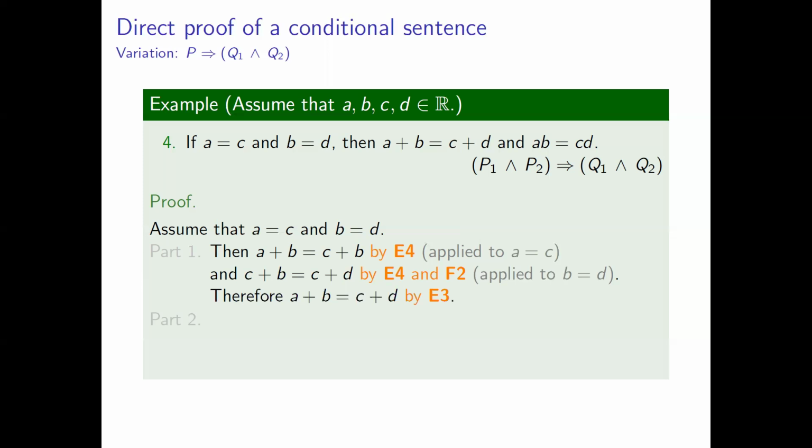For the second part of the proof, we do not need to state again the hypothesis that A equals C and B equals D. By convention, this hypothesis is understood to still hold.